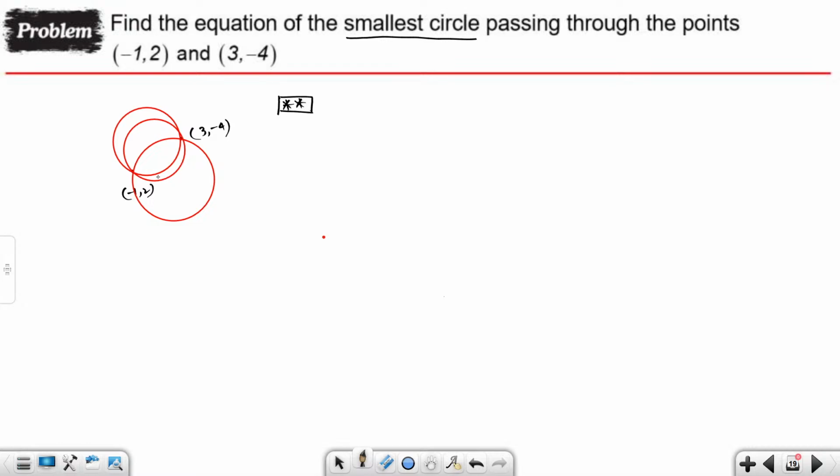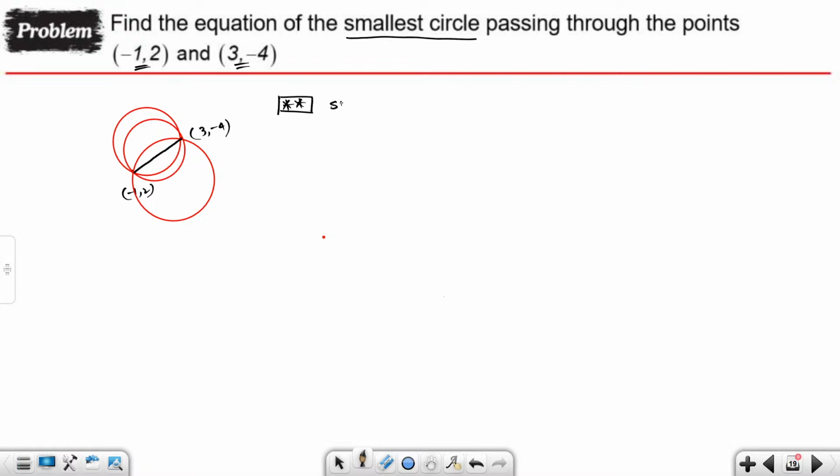It is a pretty simple thing. Simply by looking at the figure, you can understand. The smallest circle will be that circle where these 2 points are the extremities of the diameter.